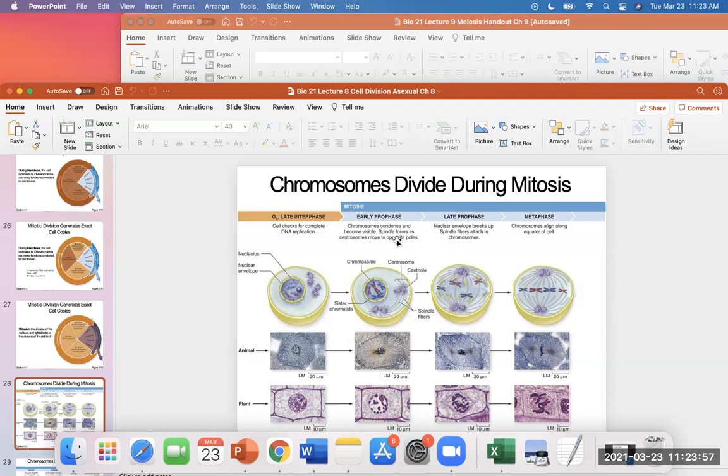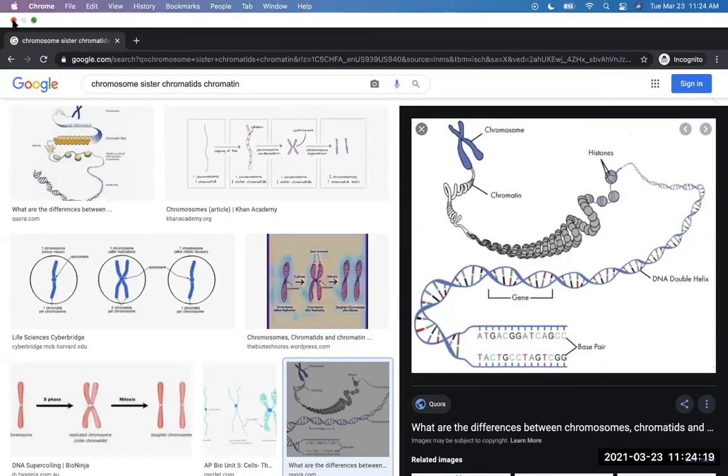So there are 2, but I just want you to write it as 1. What's happening in prophase is the nuclear envelope is breaking up, the chromosomes condense. So you can see them when they're condensed, they're highly organized. And then the spindle fibers form and they go to the opposite ends. So that's mitosis.